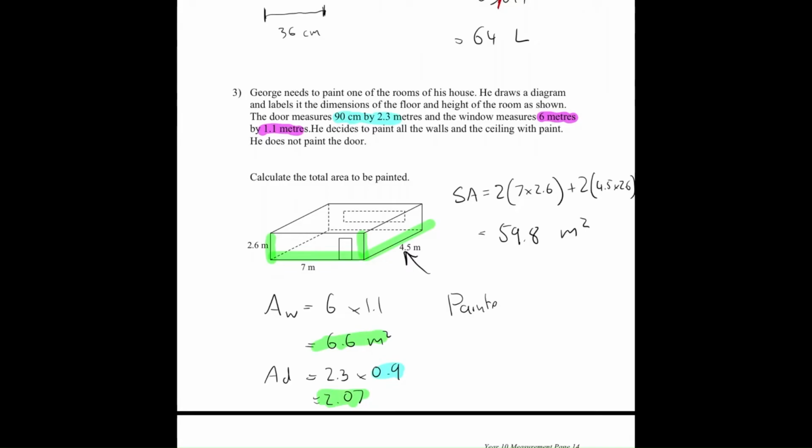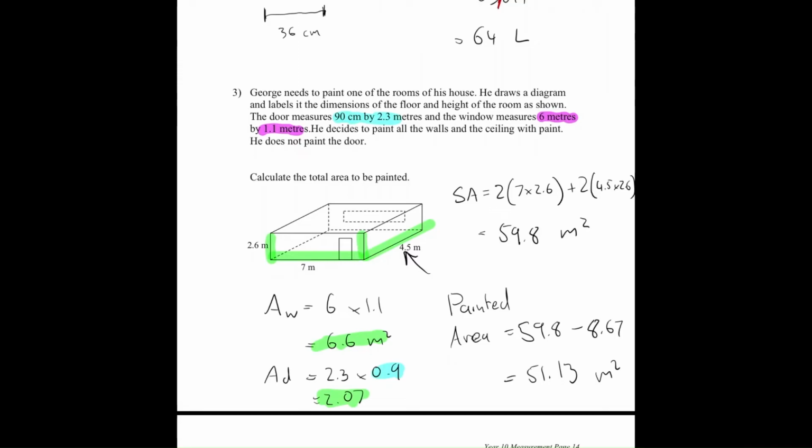Painted area equals total surface area minus these two added together, which is 8.67. And if you put that in your calculator, you get the answer of this, 51.13 meters squared.